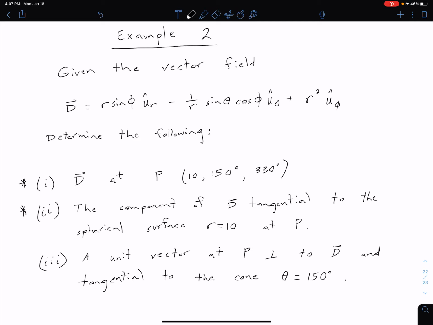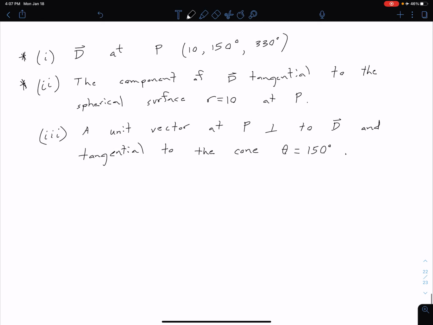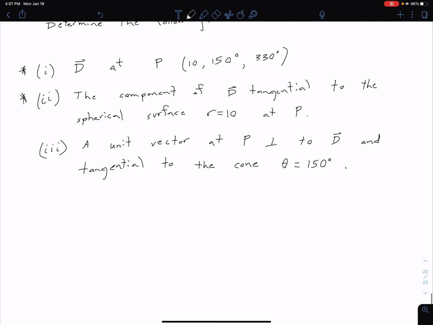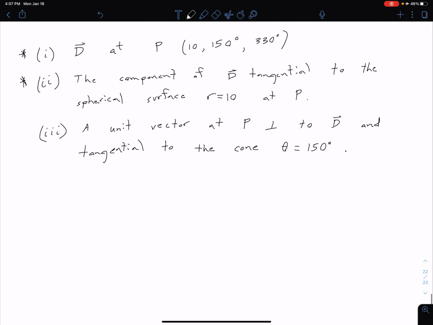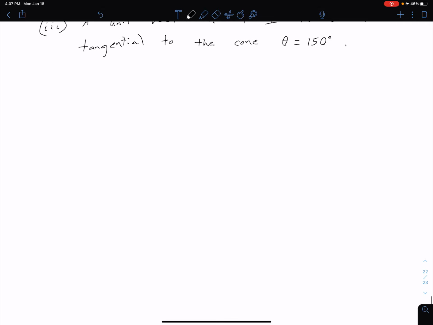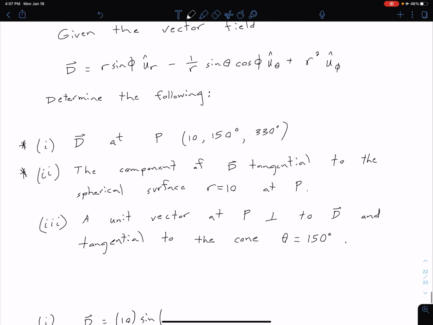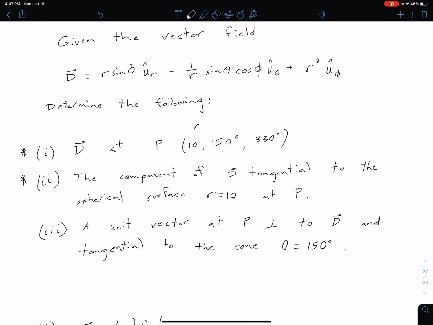So let's get started. In our first part, we just want to find the value of D at point P. So literally all we're doing is just plugging in values. So for 1, we want to find that value. Our D, our vector field, is now equal to, so we plug in 10 for r, and then we plug in for our phi and theta as well. Which one is which? Of course we know that this is r, this is theta, and this is phi.